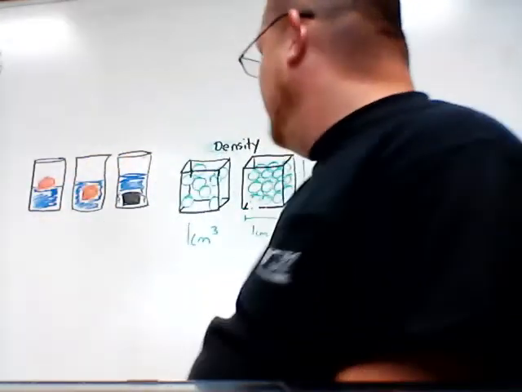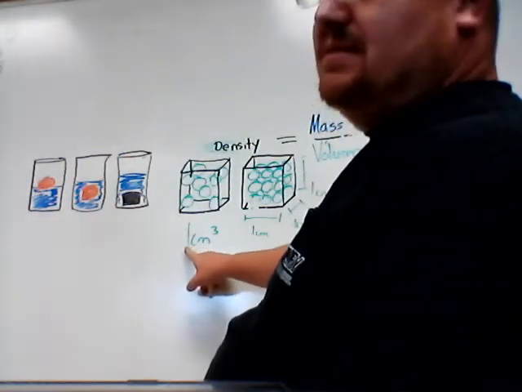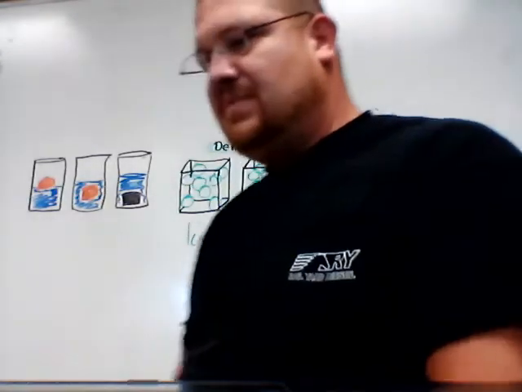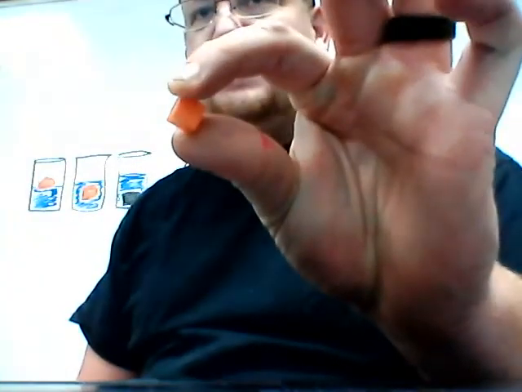So if I had an object that was 10 centimeters by 10 centimeters by 10 centimeters, and it was slapped full of cubic centimeters, it would look something like this. It is slapped full of those objects.